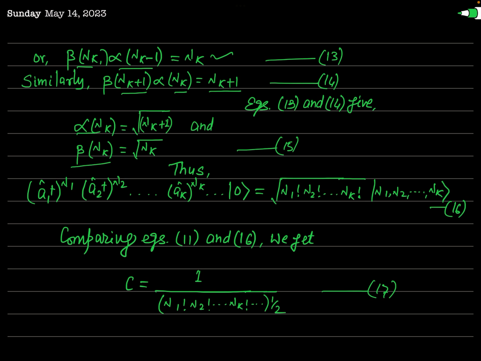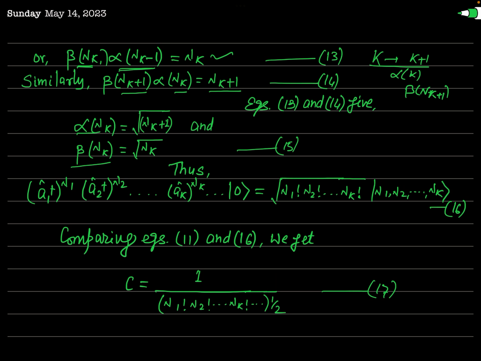If our aim is to find alpha of nk, then in equation number 13, k will be replaced by k plus 1. Then this alpha nk minus 1 will be alpha nk, and this beta nk will be beta nk plus 1, and in the RHS this nk will be nk plus 1.